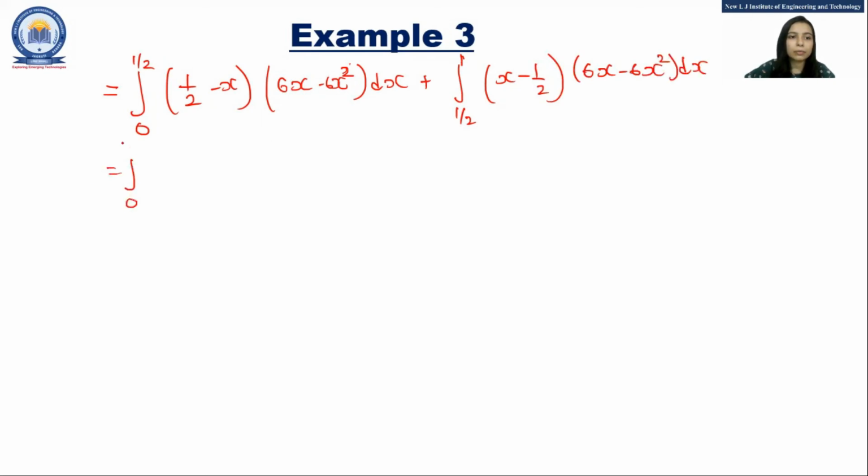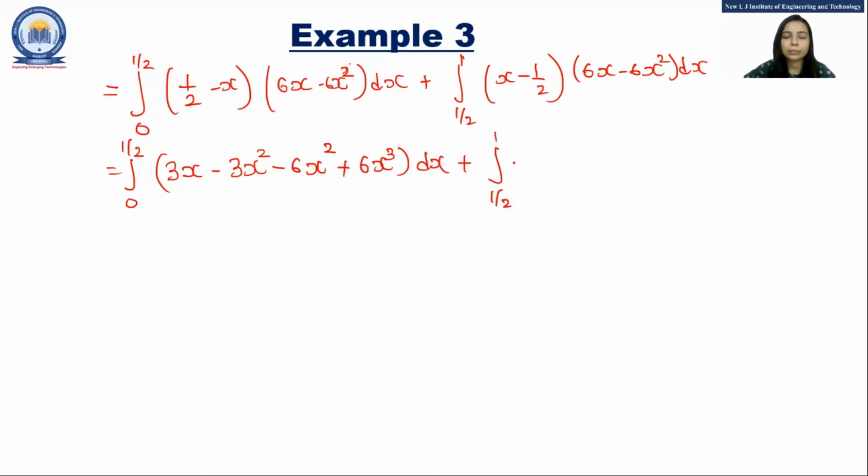So the integration from 0 to 1 by 2, 3x minus 3x square minus 6x square plus 6x cube dx plus integration from 1 by 2 to 1, 6x square minus 6x cube minus 3x plus 3x square dx.